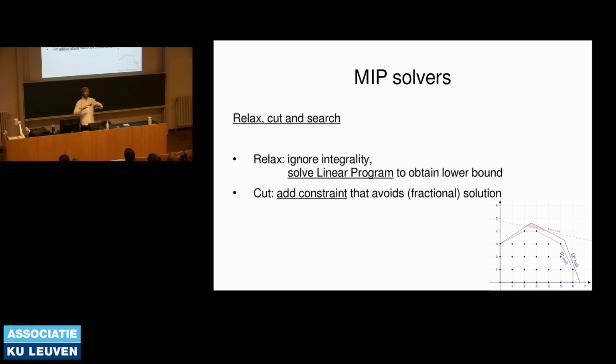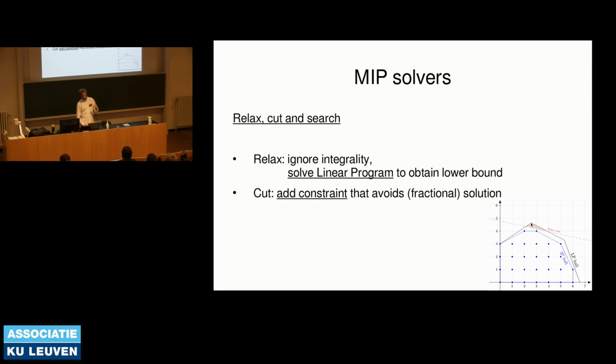It relaxes the integrality, and then what you get is a linear program. And a linear program can be solved in polynomial time. Okay, so it solves that linear program, and that actually obtains a lower bound on what the solution could be. And then using that, it will add cuts.